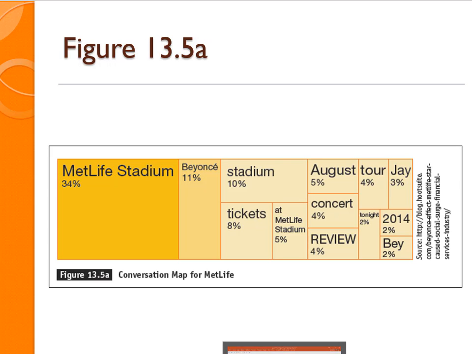And so when we go back and look at the metrics here, we can see what people were talking about. We see MetLife Stadium got 34%, Beyonce 11%, Stadium 10%. And so by just having that name and being able to track that, we can see if that was positive or not.